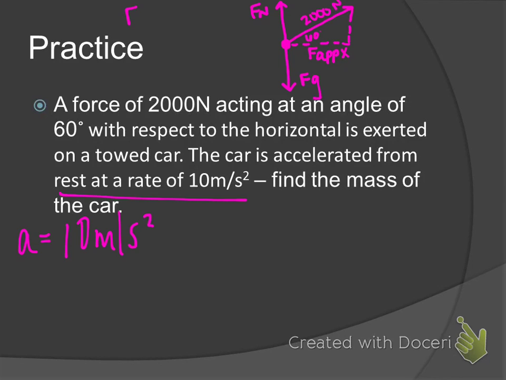Okay, so to solve for F applied x, we would take the hypotenuse times sine or cosine? Cosine of 60. And that's equal to 1,000 newtons, right?